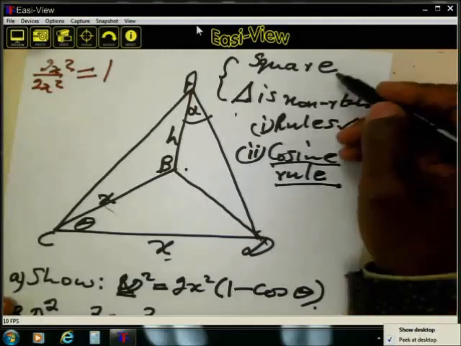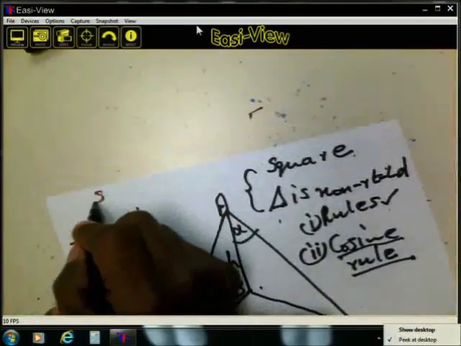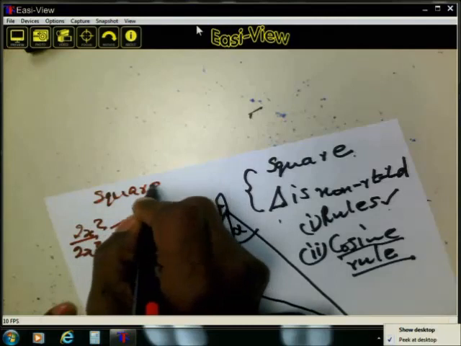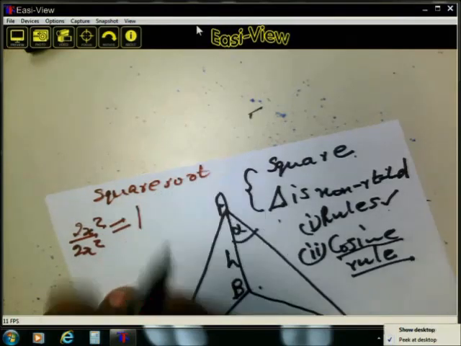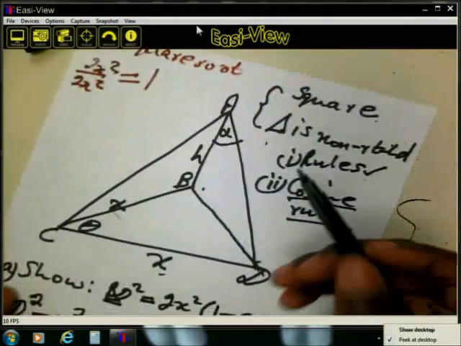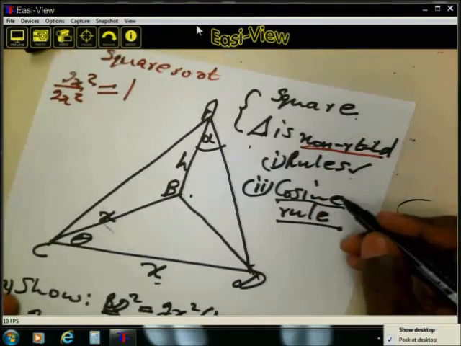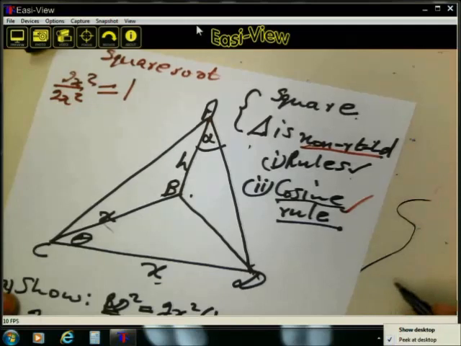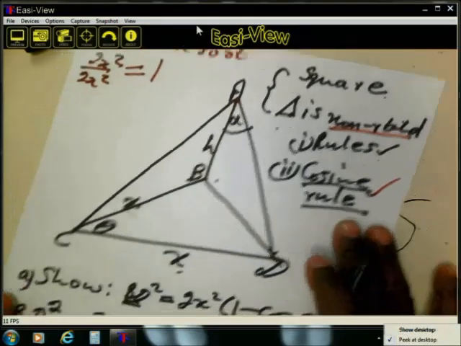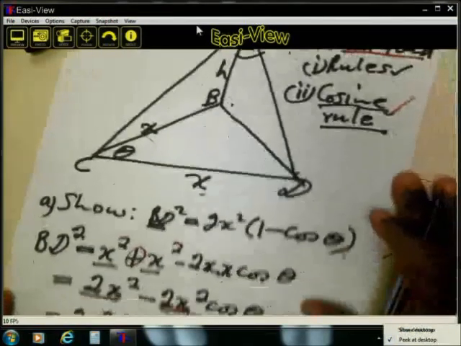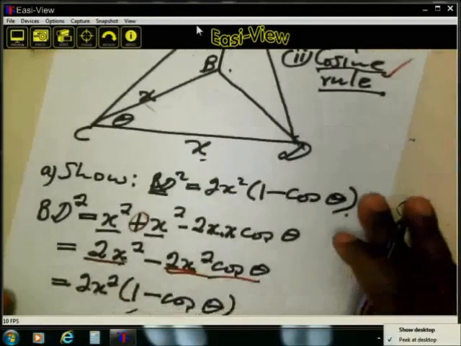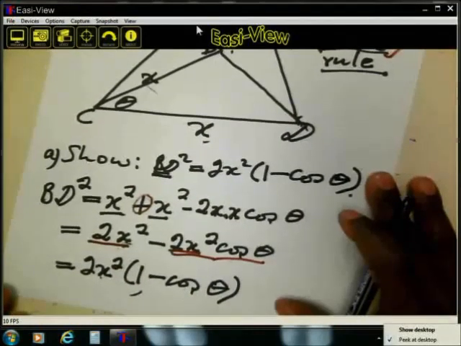But if you have a square or a square root, and the triangle is non-right angled, that suggests that you use the cosine rule. And you need to know what the sine rule says, what the cosine rule says, what the area rule says, in order to be able to apply it.